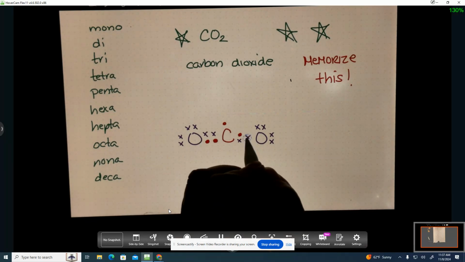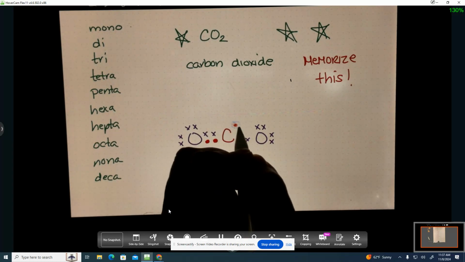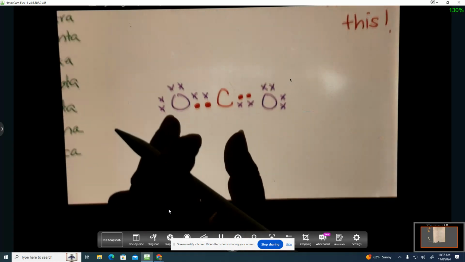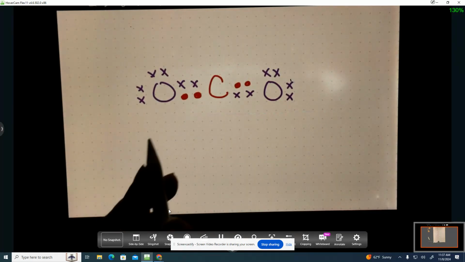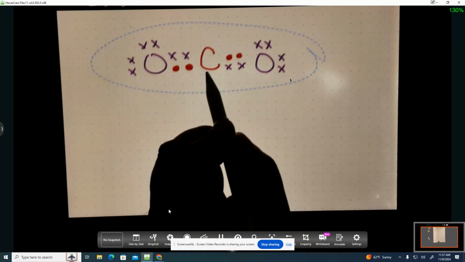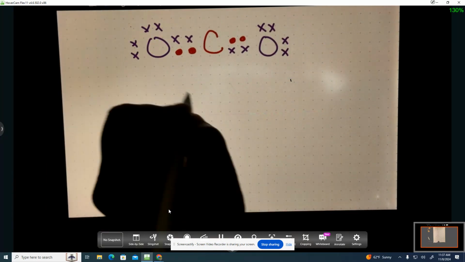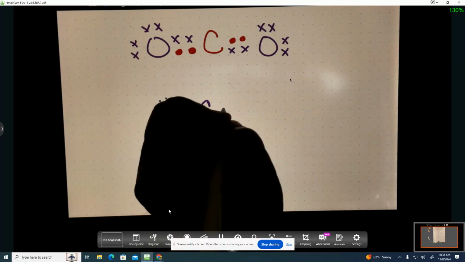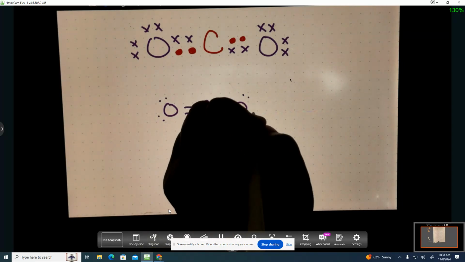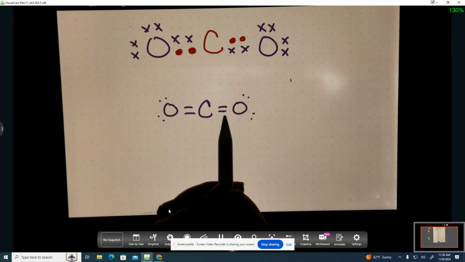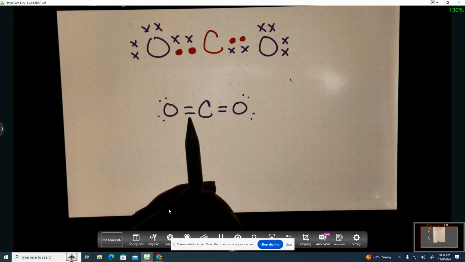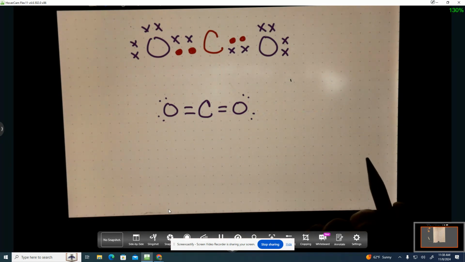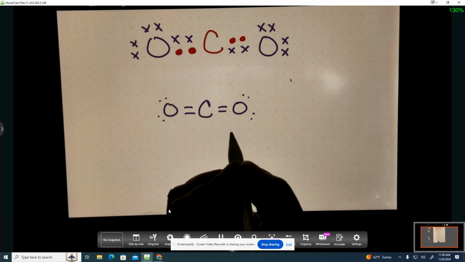And here we're going to have a double bond between this carbon and this oxygen. So carbon dioxide, move that up just a little bit, actually has two double covalent bonds. Double covalent bond here and double covalent bond there. Two double covalent bonds. Memorize this.